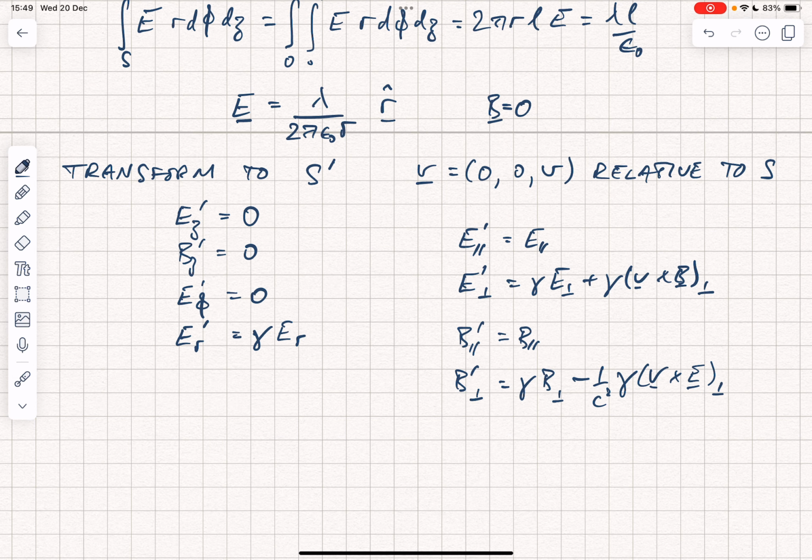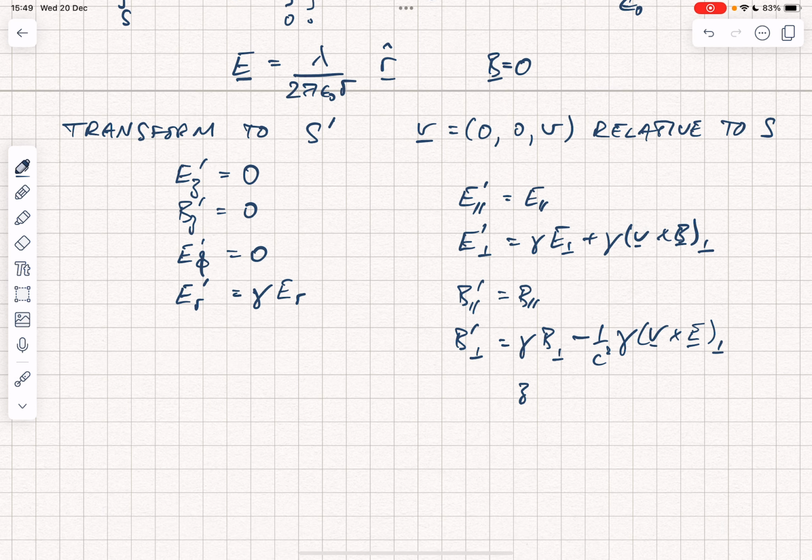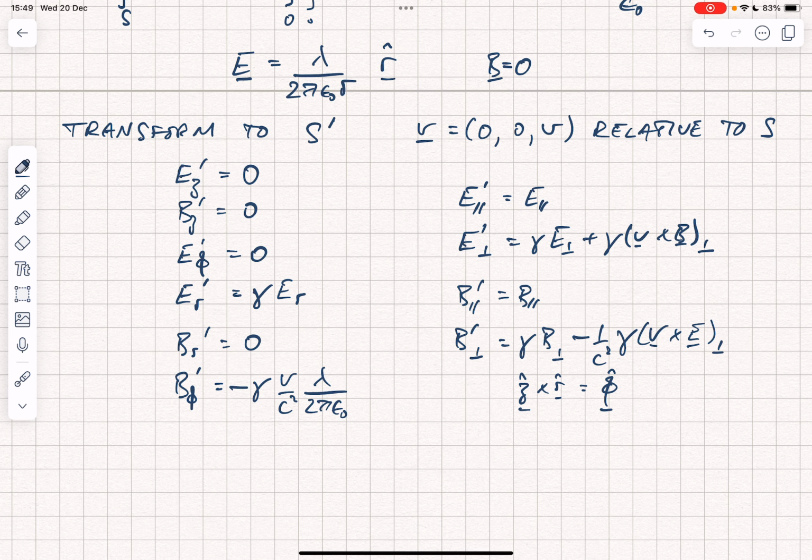Now, V is along Z, E is along R, so Z crossed with R is actually equal to the phi direction. So we find that B_r primed is equal to 0, because there's no component from the E field and there's no component from the B field. So the component we are left with is B phi primed, which is minus gamma V over c squared lambda over 2 pi epsilon naught R.